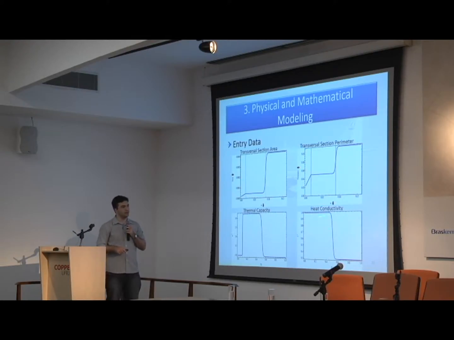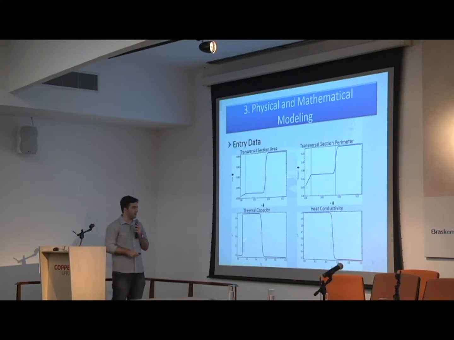The heat conductivity is not that big. It's an insulation material after all, so it's almost unnoticeable here. But this part plays a main role in the transient. Guilherme talked before me that the transient for pitot tubes is very, very important.